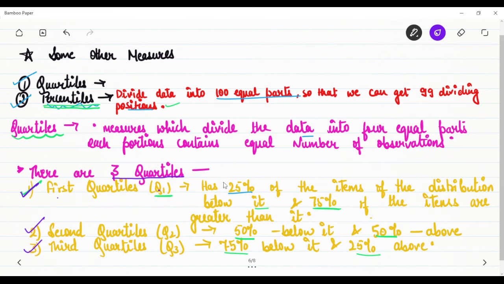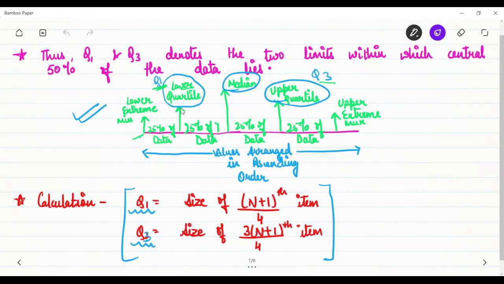You can see in this diagram that this is the lower quartile Q1, which has 25% of the data below it and 75% of the data above it.